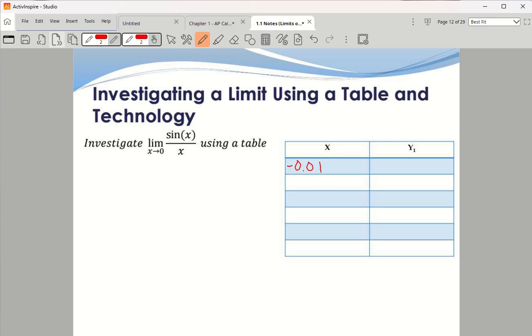Yeah, let's go that way. Negative 0.001. Wait, no, I'm on the wrong side, right? It should be the positive side. Like that one. 0.0001. There you go.